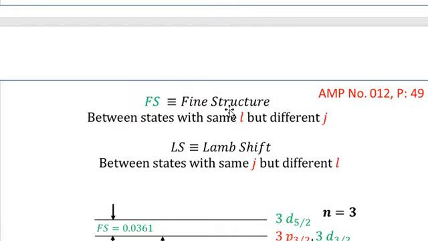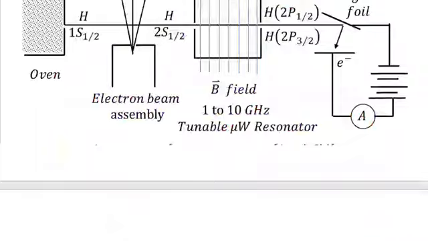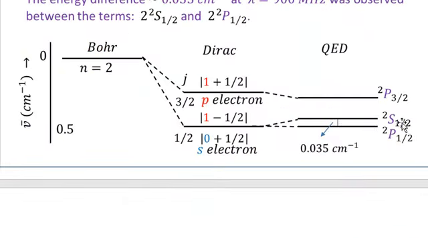And fine structure means the interaction of the spin magnetic moment and the orbital magnetic moment. And the Lamb shift is actually the difference between states having the same value of J but of course a different L. For example, 2s1/2 and 2p1/2 have the same value of J but differ in energy.